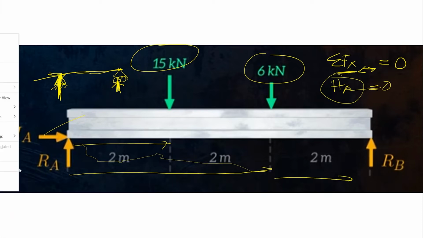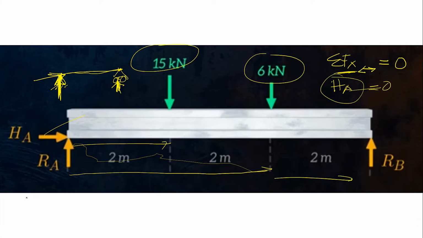Let me use this summation of moment, clockwise positive with respect to A. So ito yung pivot point mo. What are the forces and the distance involved?